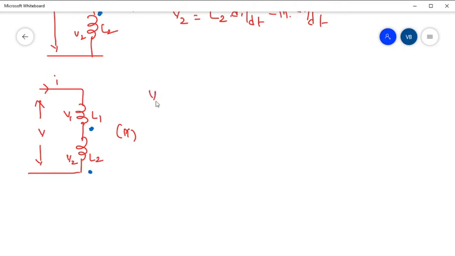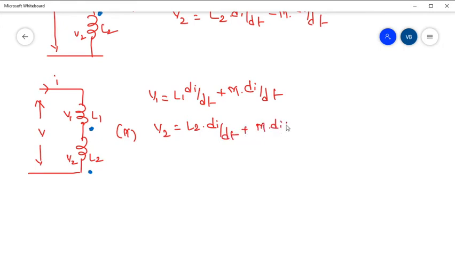So that V1 value we can take as L1 into di by dt plus M into di by dt. Both are the same, so we should take positive. V2 is equal to L2 into di by dt plus M into di by dt. Okay, so this is about electrically coupled.